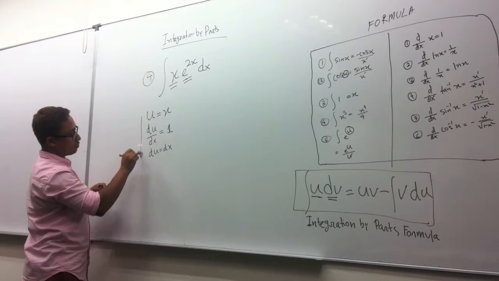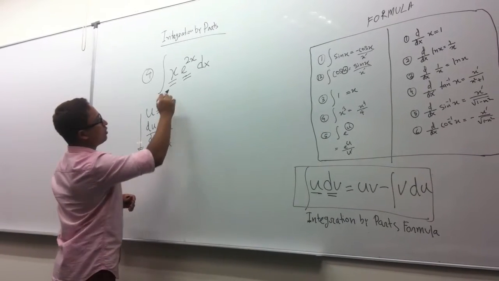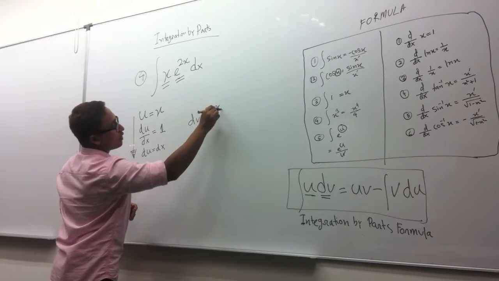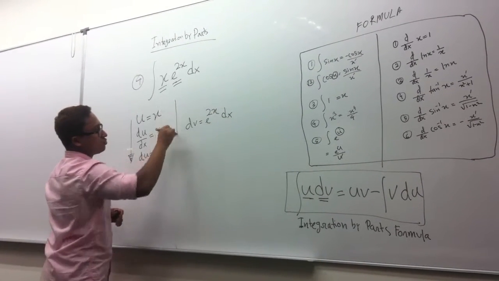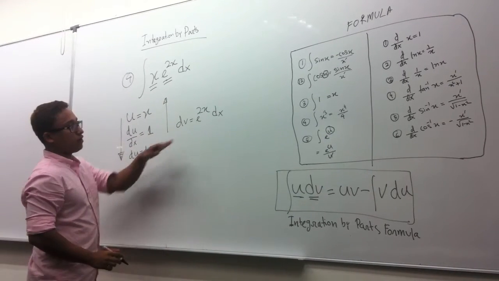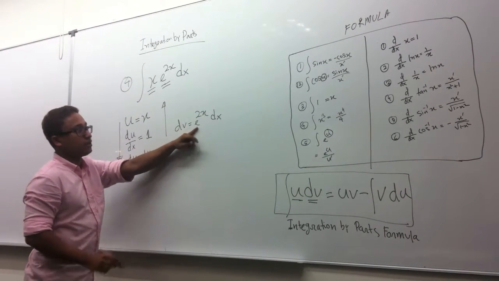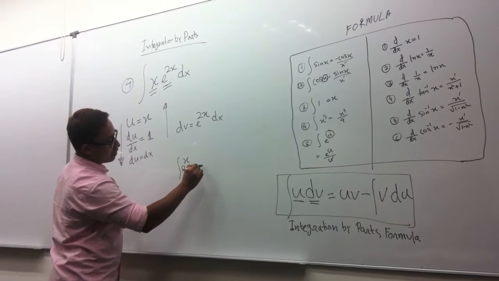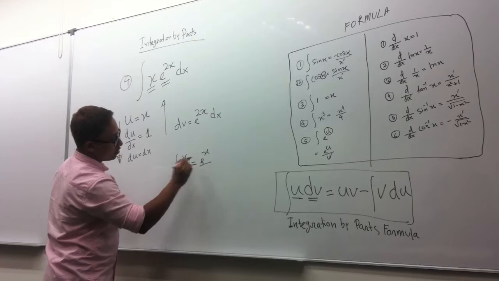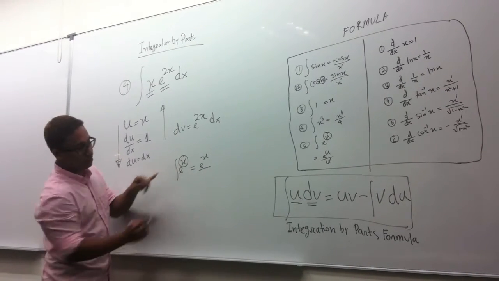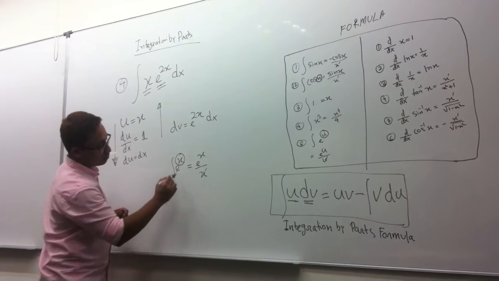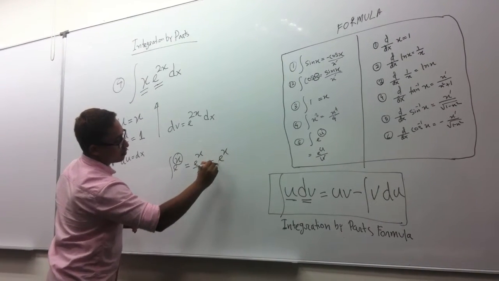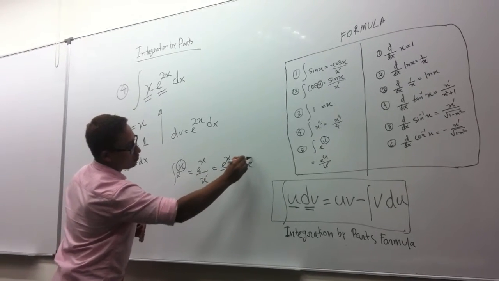So dv is e to the power 2x dx. We have to find the antiderivative, or integration, of e to the power 2x. Integration of e to the power x is e to the power x over the differentiation of x, which is 1, so it's e to the power x.